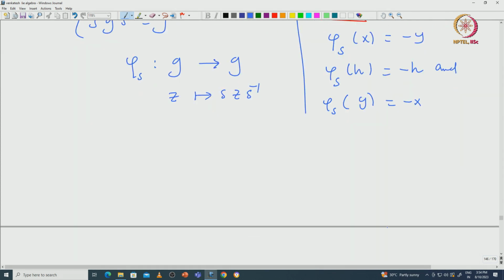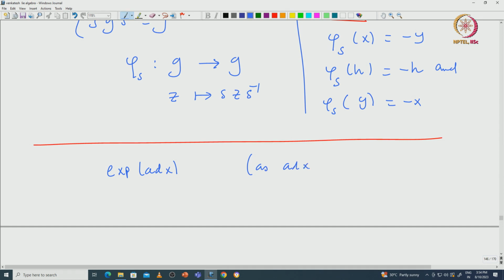So, there is another automorphism that again comes from a similar thing. Okay. So, it is again not hard to check. If you take this x and look at ad x, that will again be nilpotent. Okay. So, I will verify this for any arbitrary linear Lie algebra, but anyway let us take this fact for granted. What I am saying is that exponential of ad x makes sense as ad x is nilpotent.